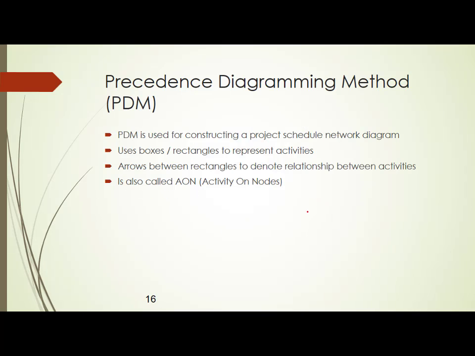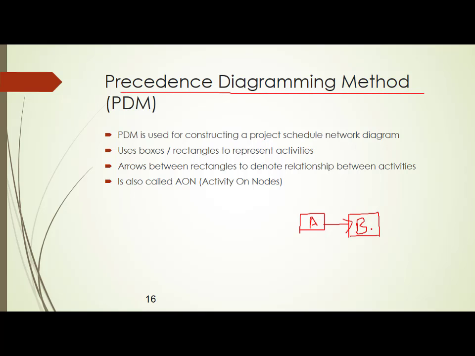Okay, let me take one simple activity. This is one activity, and I put it as a box. I take one more activity. This is a box. I connect these two activities together. I'll call this activity A, and I'll call this activity B. This type of diagrammatic representation of activities is called the precedence diagramming method.